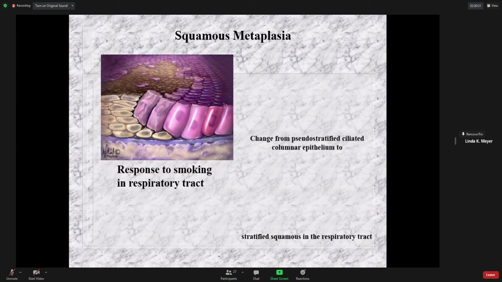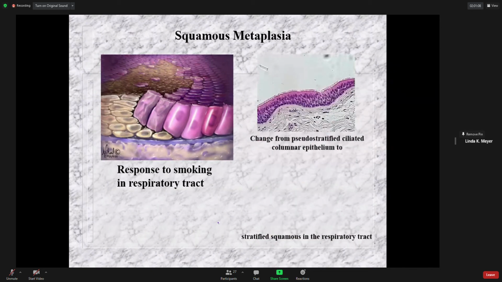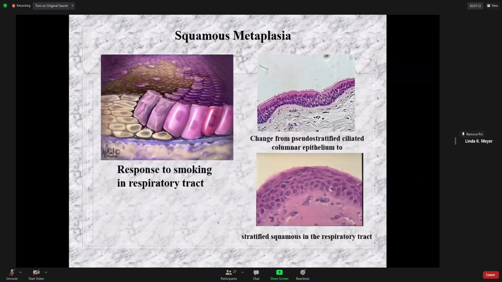And with smoking, the injurious stimulus is smoking. What happens is this kind of epithelium converts, here's our pseudostratified ciliated columnar, and it converts to a stratified squamous.